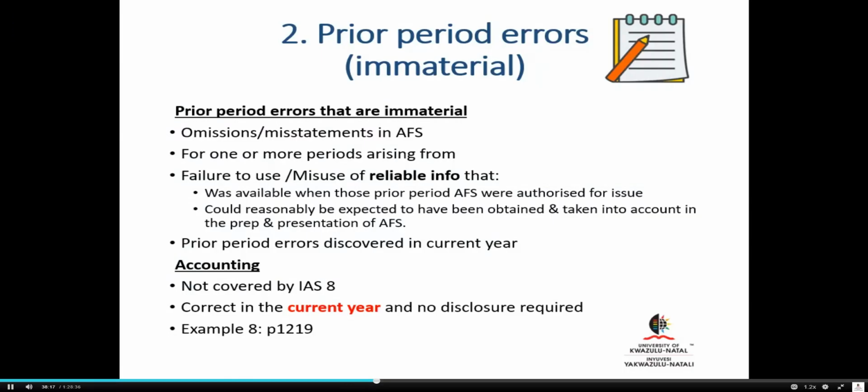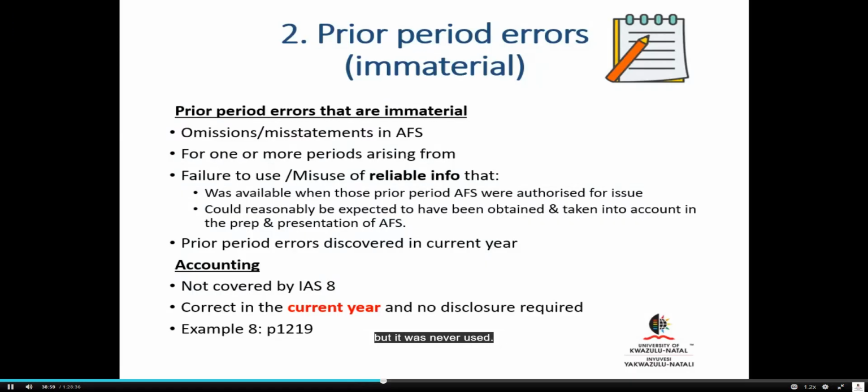It also could be one or more periods arising from the failure to use or misuse of reliable information that was available when those prior period financial statements were authorized or issued, and could reasonably be expected to have been obtained and taken into account in the preparation of the financial statements. So it arises where there was misuse or failure to use. Misuse means a misstatement; a failure to use means an omission of information that was there in the prior period but was never used.